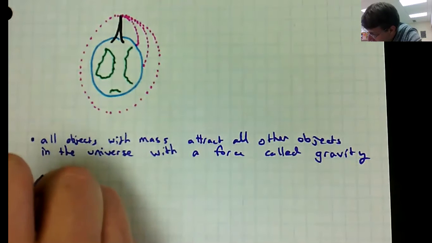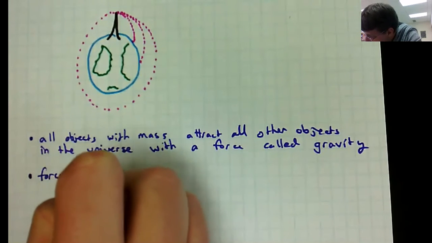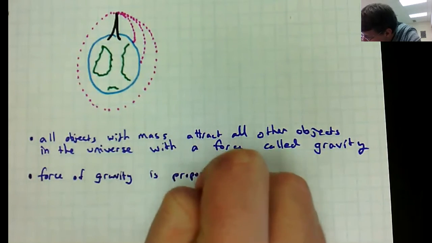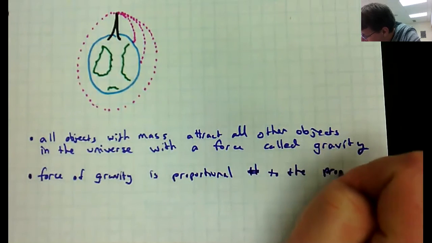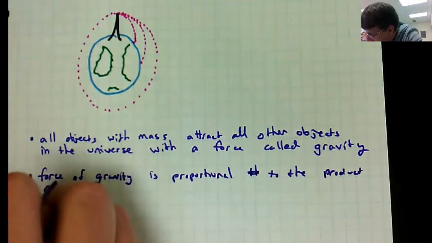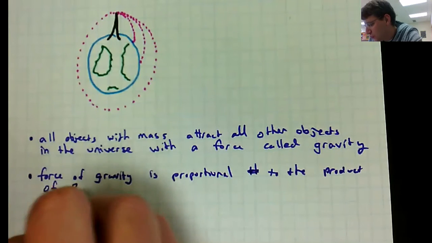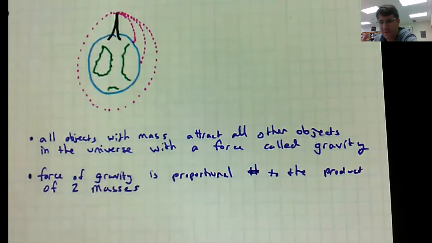So we're going to say the force of gravity is proportional to the product of two masses. So if you have two things, you take their masses, you multiply them together, gravity is going to be proportional to that.